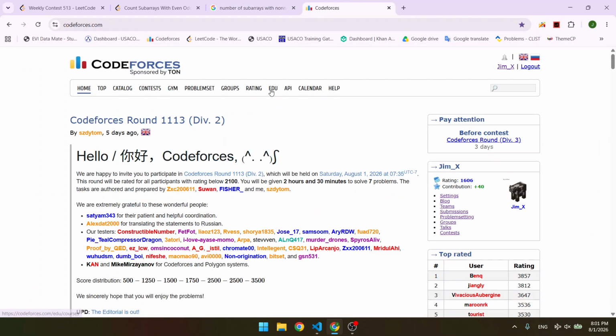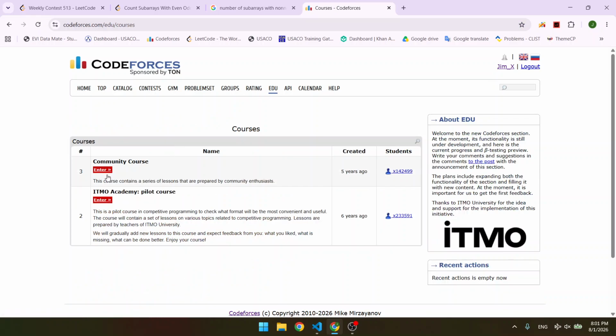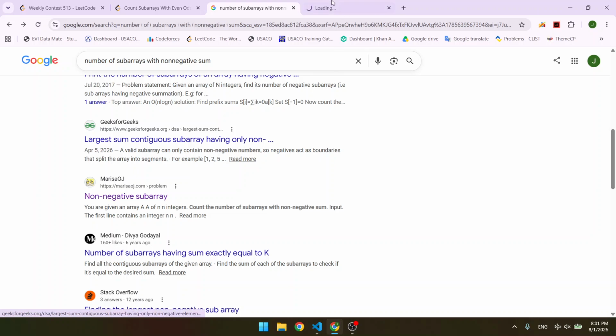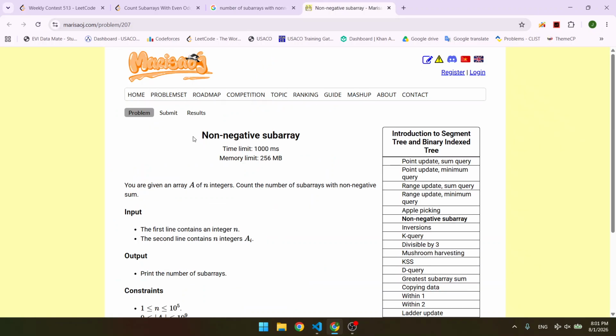Is it something in code versus value? I don't think so. I don't think I've seen non-negative subarray.